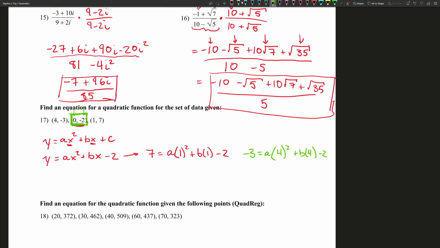In a standard form equation, if we plug in 0 for x, ax squared is 0, bx is 0, and we should just be left with c. So negative 2 should be a times 0 squared plus b times 0, and then plus c. So these cancel out, and you're left with negative 2 is equal to c.